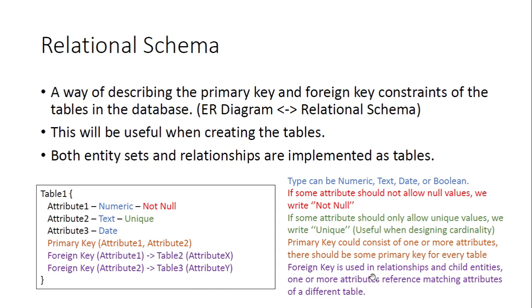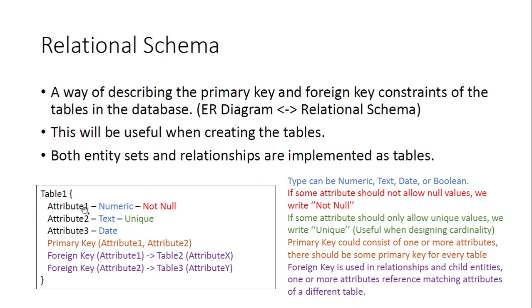So foreign keys are used in relationships and also in the child entities with an is-a relationship, where we have the parent and child entities. Inside the child entity, we keep a foreign key that references the parent's primary key. The foreign key could be one or more attributes, and it references some matching attributes in a different table. So this matching part is important.